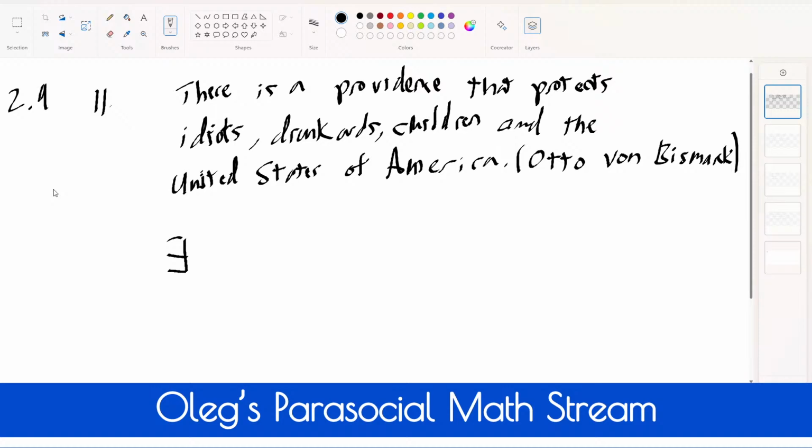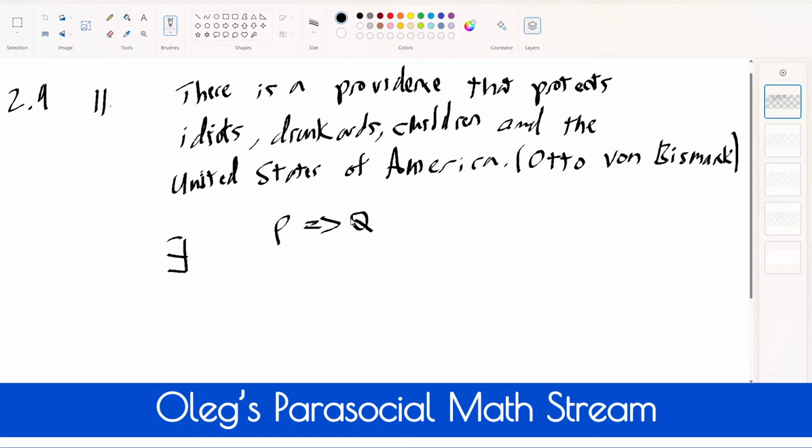How about there is a providence, that's P, and that protects idiots, drunkards, and children in the United States, that can be Q. Maybe that protects idiots, drunkards, children. If P, then Q. P implies Q. I guess that's how we would do it.